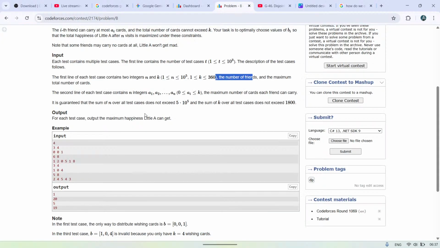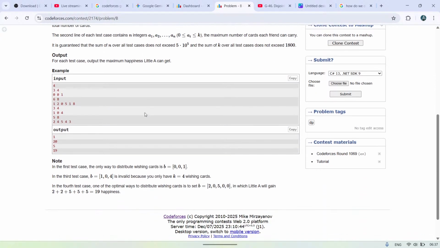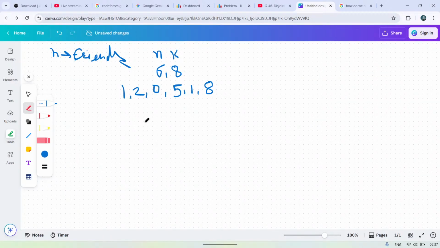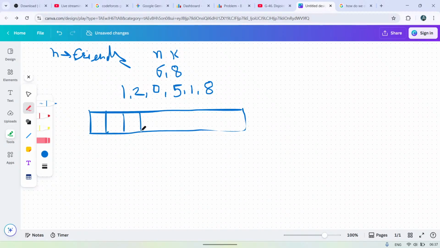We have to divide the cards in such a way that the sum is maximized. Let's say this is the happiness array: 1, 2, 3, 4, 6, 7.